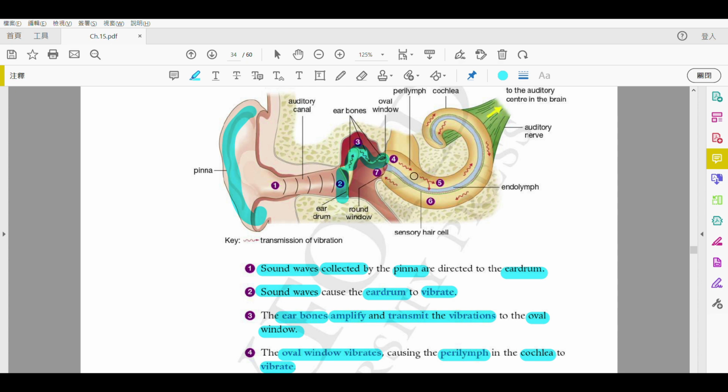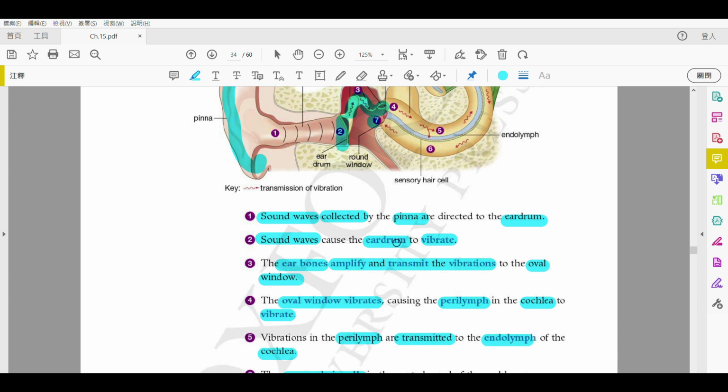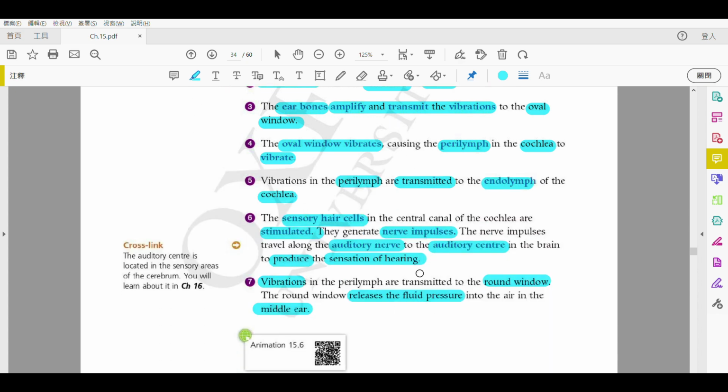Of course, the perilymph, as you can see from the direction of the arrows here, will eventually leave through the round window. Why would they leave through the round window? Because they release the fluid pressure into the middle ear. So that's all about this section.